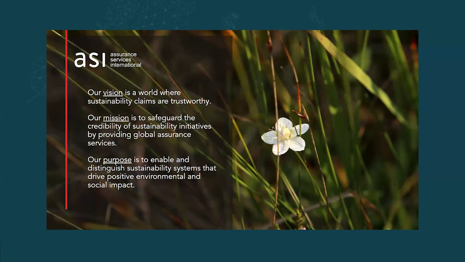Our vision is a world where sustainability claims are trustworthy. And therefore, it's our mission to safeguard the credibility of those initiatives through providing a range of solutions, which we call assurance services. The key point here is our ambition and purpose to enable and distinguish the scheme owners, those scheme owners that drive a positive impact for the people and the planet.